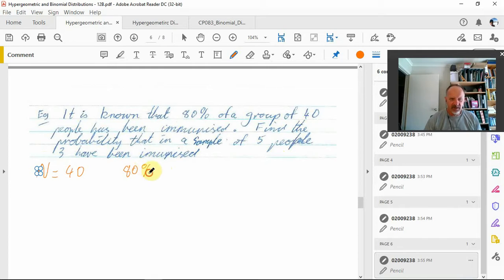Now, with this hypergeometric, we need to know how many. 80%, its decimal is 0.8, so 80% of the 40 means that of that 40, 32 have been immunised.